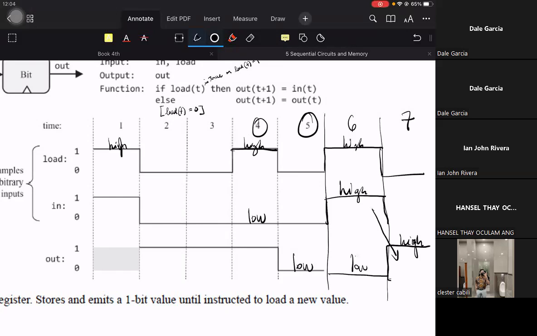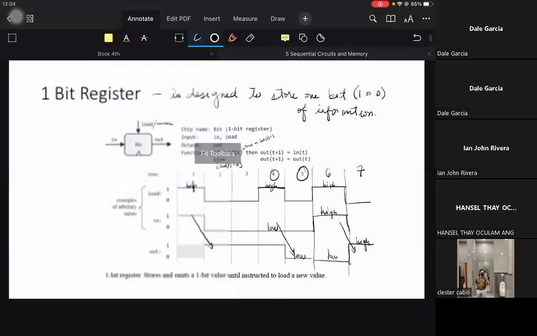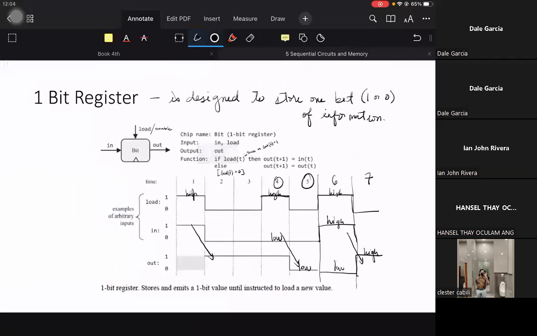So during the times load goes high, the output copies the input. In the fourth cycle, meaning by the fifth cycle, the output has copied the input. The sixth cycle went high, so by the seventh cycle, the output copies the input. Is it clear?